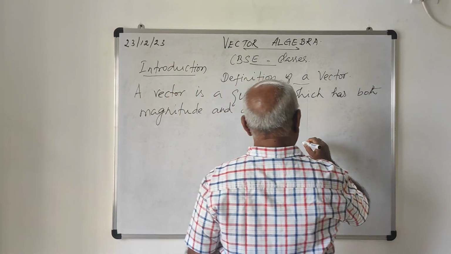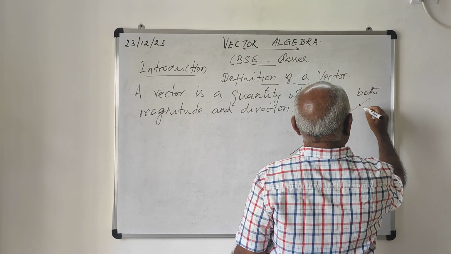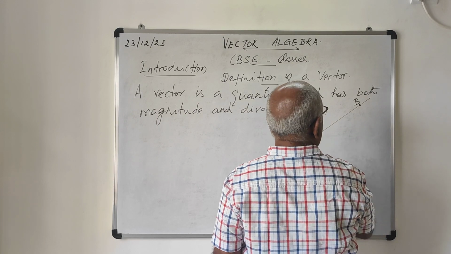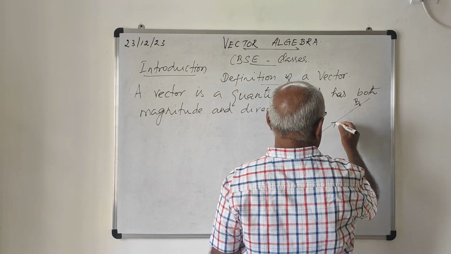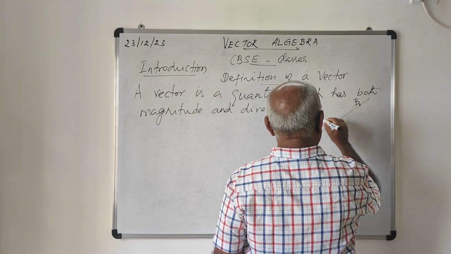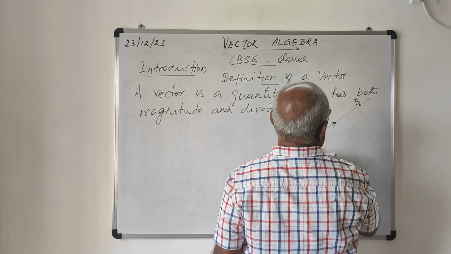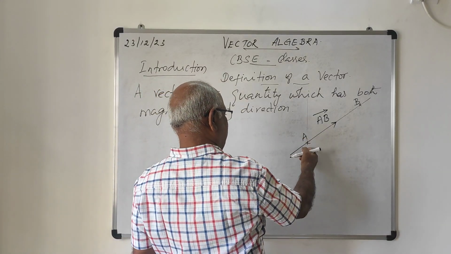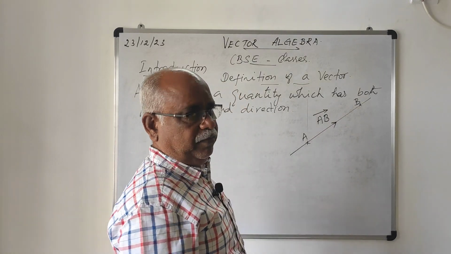It is given by, you consider, this is the point B on the line and this is the point A on the line. AB is a vector. It is defined by the notation AB with an arrow mark above it, where A is the initial point of the vector and B is the terminal point, the end point of the vector.